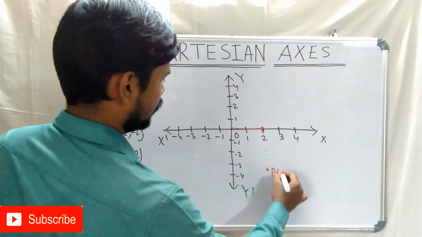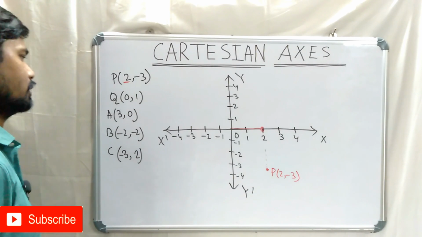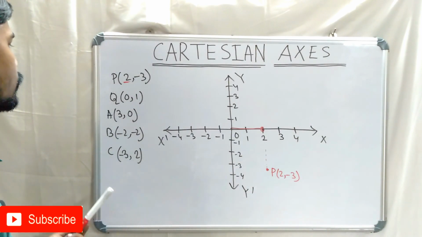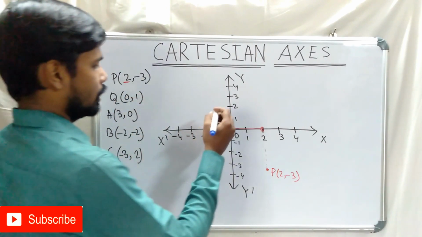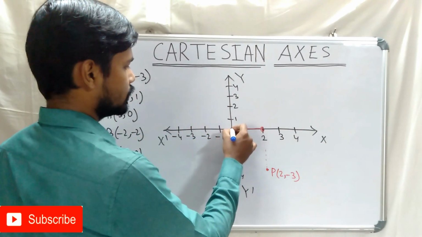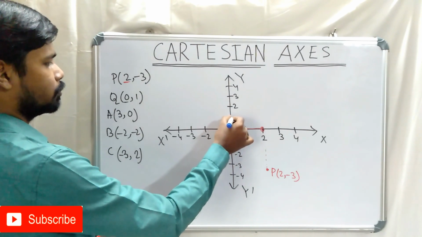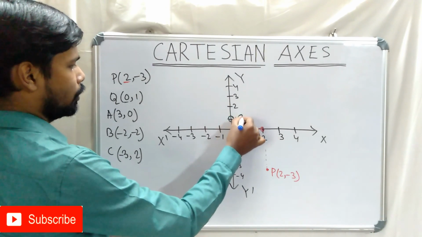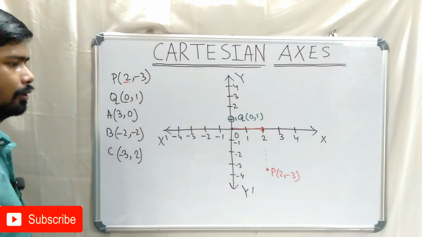This is the coordinate of 2, minus 3. Now if we want to go to 0, 1, that is point Q, along the x-axis we have to go 0 distance, that is this point, and 1 distance upward, this point. So this is the point Q whose coordinates are 0, 1.